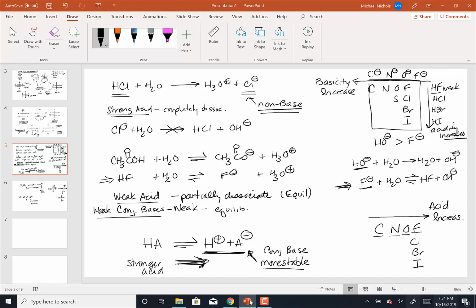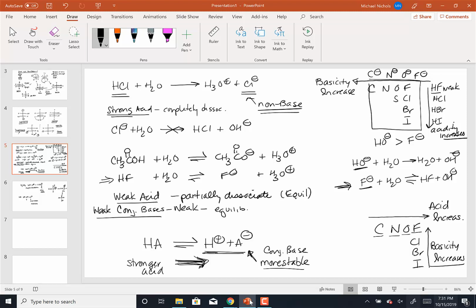Let's reverse that now and look at their conjugate bases. Remember, the stronger an acid, the weaker its conjugate base. There's always that inverse relationship. So if I look at I minus, Br minus, F minus, and Cl minus, as you go up the periodic table, the basicity increases.